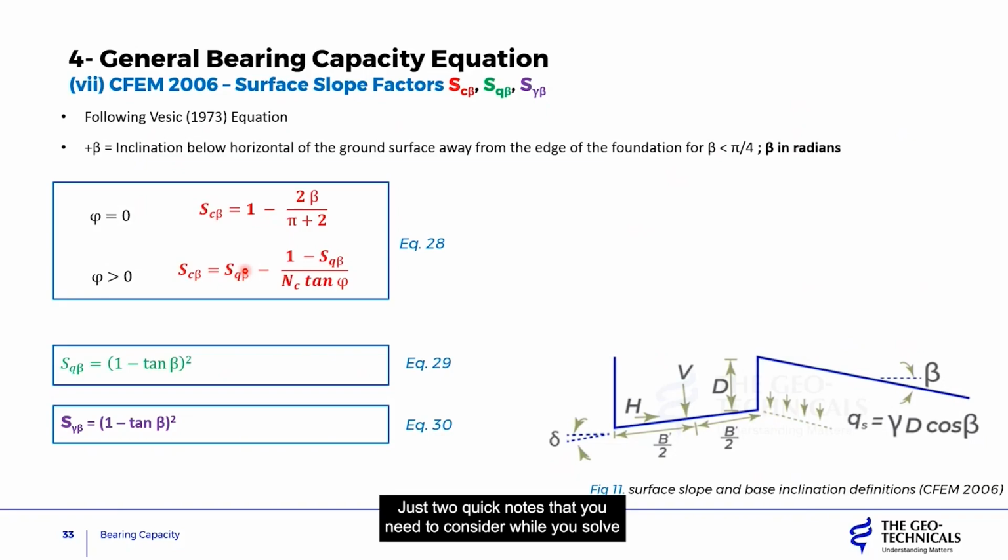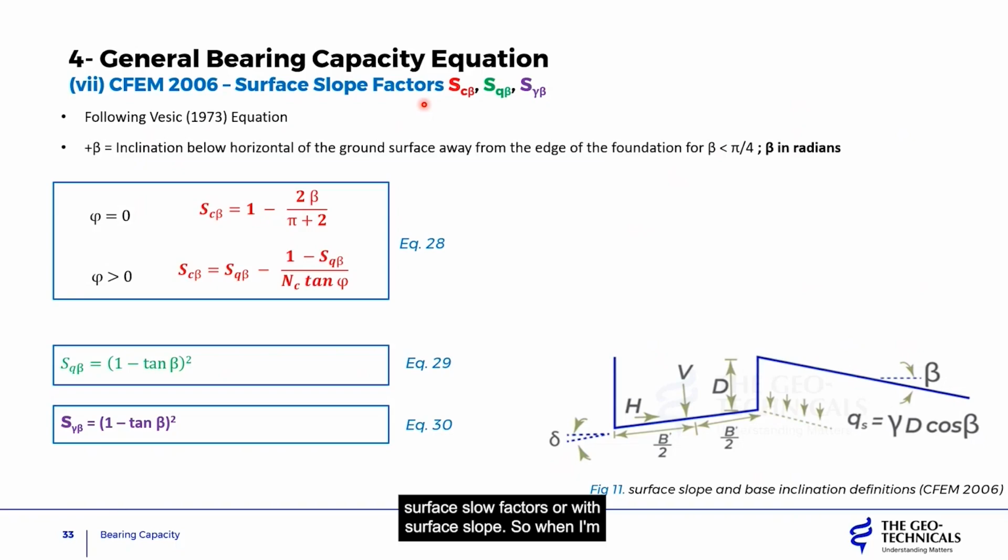Just two quick notes that you need to consider while you solve for the sloping ground using the Canadian Foundation Engineering Manual. By the way, when we take the part that is speaking about footing on slopes or adjacent to slopes, which is apart from the H2, the footing on slopes is the same as footing with surface slope factors.